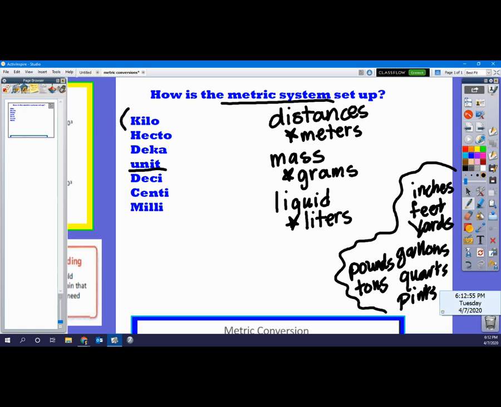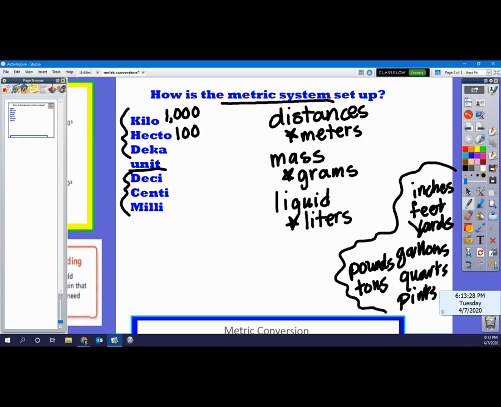We have these prefixes that attach to the front of the unit depending on how big, how far, or how much of the substance is that we are measuring. So kilo is a prefix that means 1,000. So we use kilometers or kilograms or kiloliters when we're measuring something that is going to be really big.